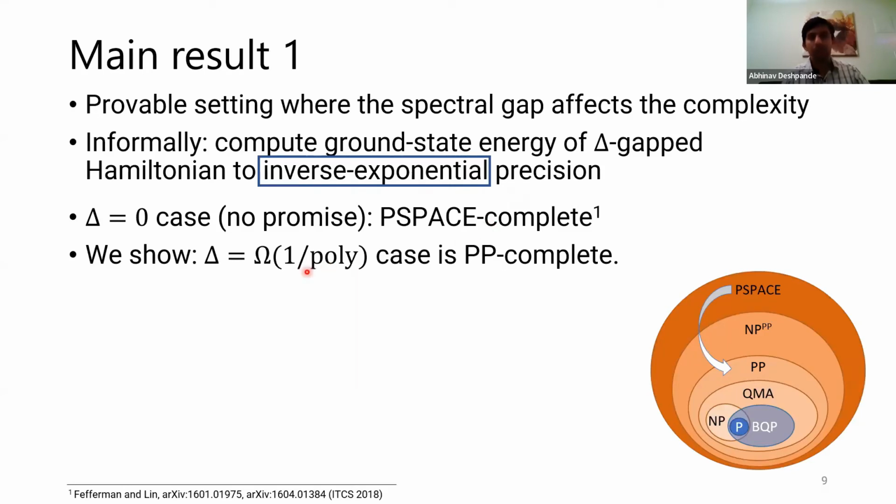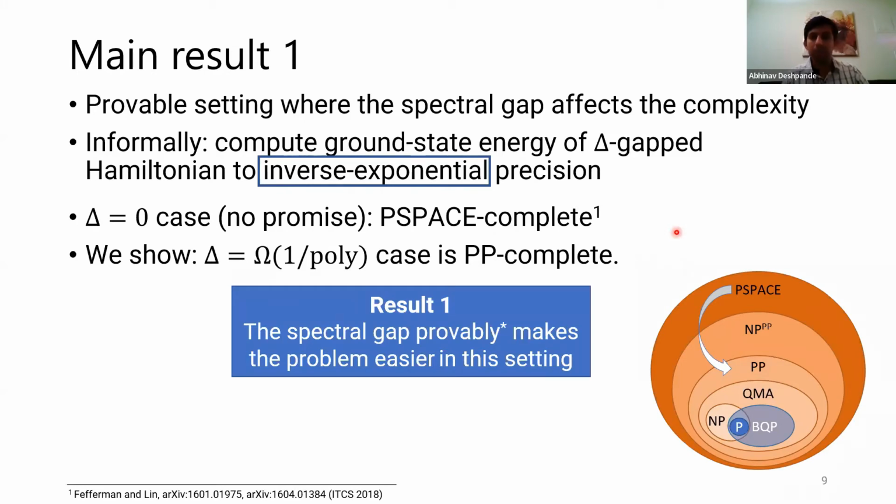In this context, we show that the moment you add an inverse polynomial spectral gap, the complexity of the problem goes down from PSPACE to PP. Stated another way, the spectral gap probably makes the problem easier in this setting, by which I mean the setting of inverse exponential precision, or the precise setting.